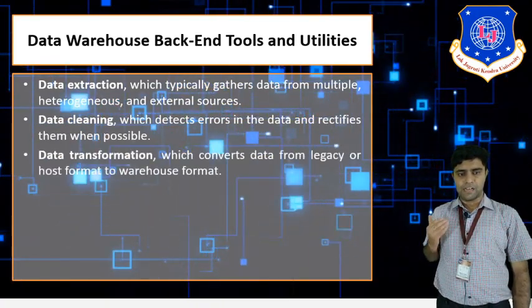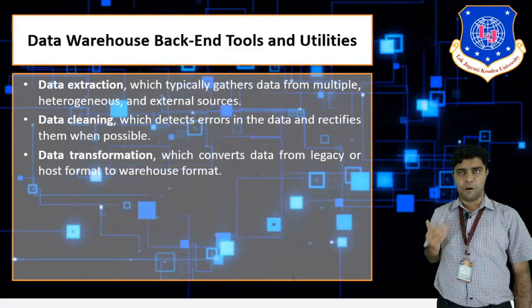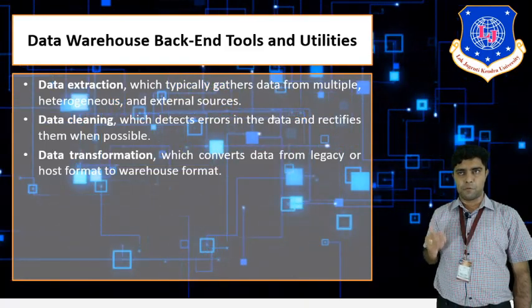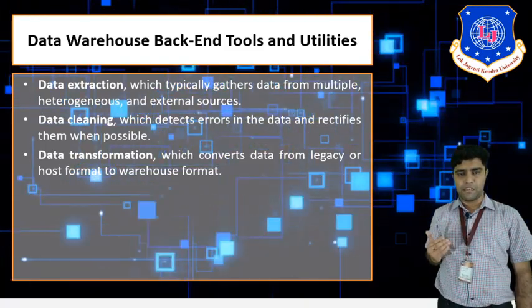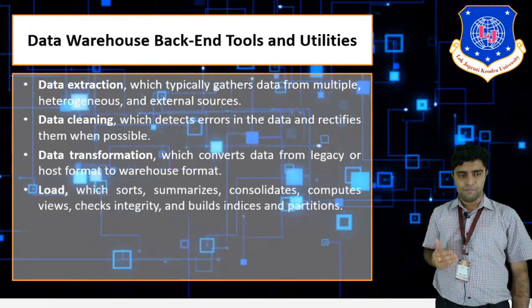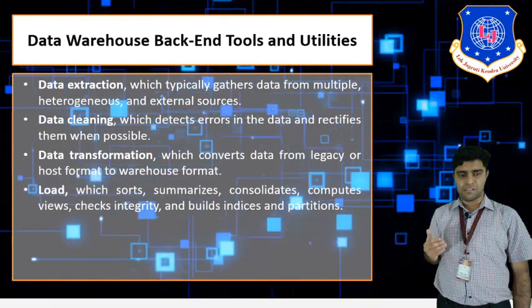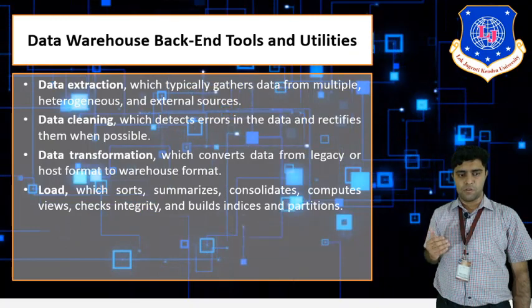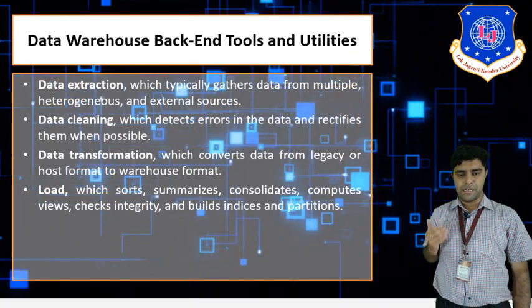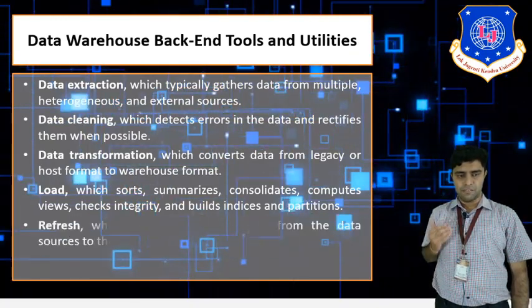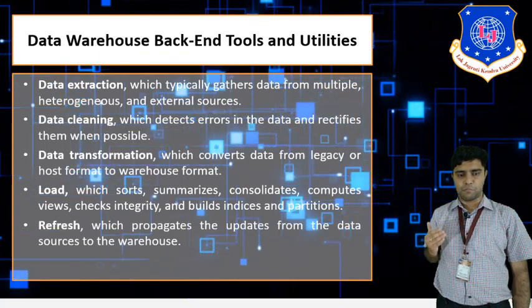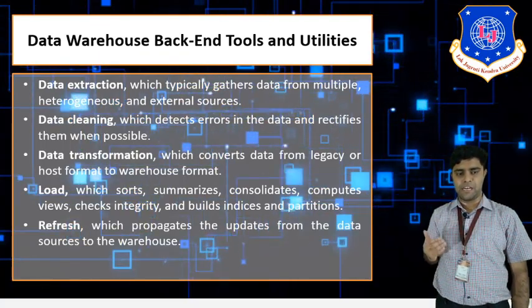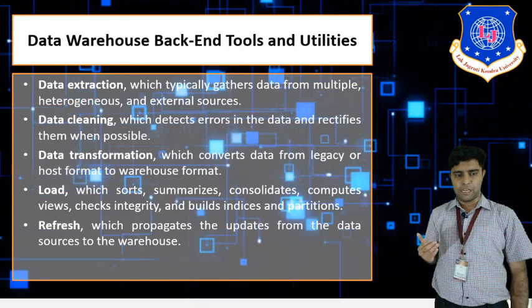Data transformation converts data from one form to another using different techniques, like normalization. Load sorts, summarizes, consolidates, computes views, checks integrity, and builds indices and partitions. Refresh propagates the updates from the data sources to the data warehouse.